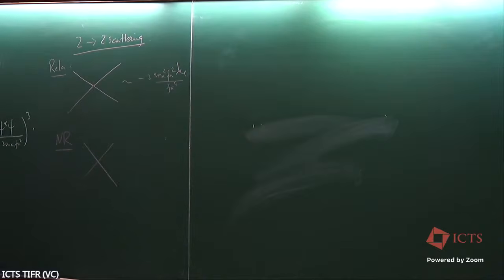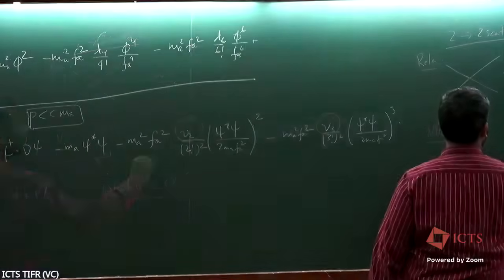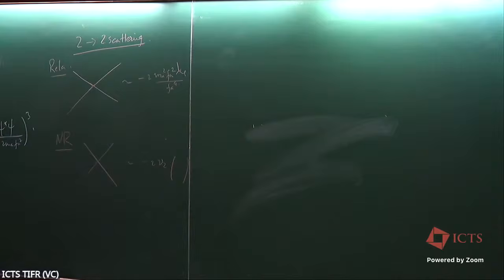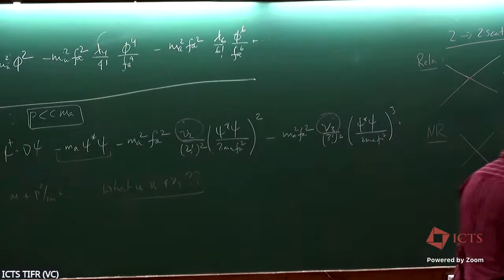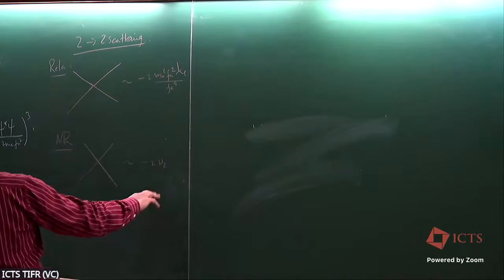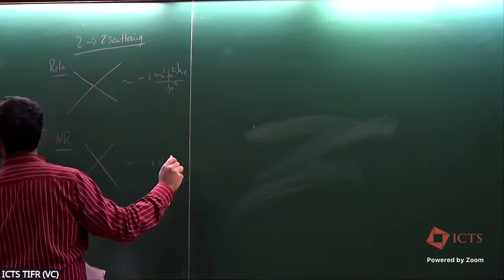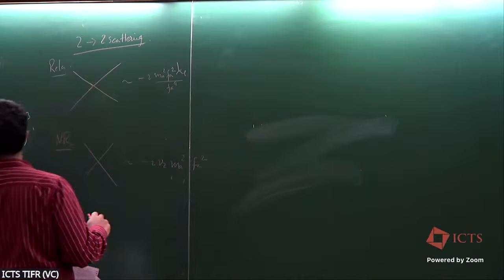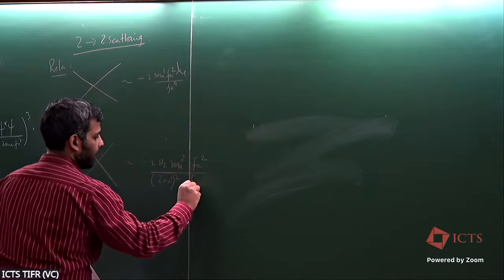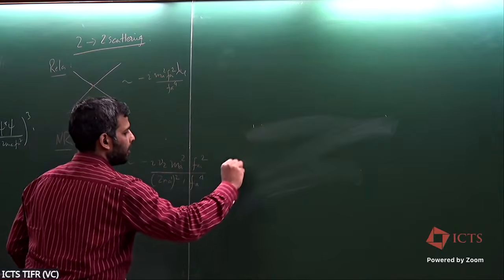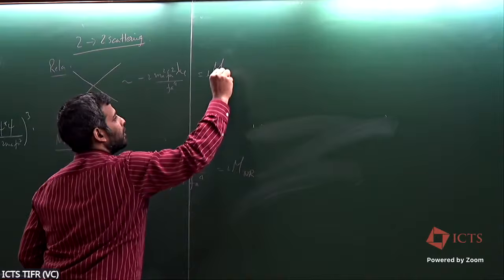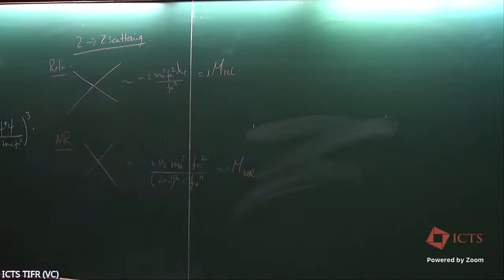Similarly, you just write the corresponding Feynman rule, which is minus i nu2 with some factors corresponding to m_a and f_a. So let me be more careful: minus i nu2 m_a squared f_a to the 4 for the non-relativistic, and this is the relativistic.